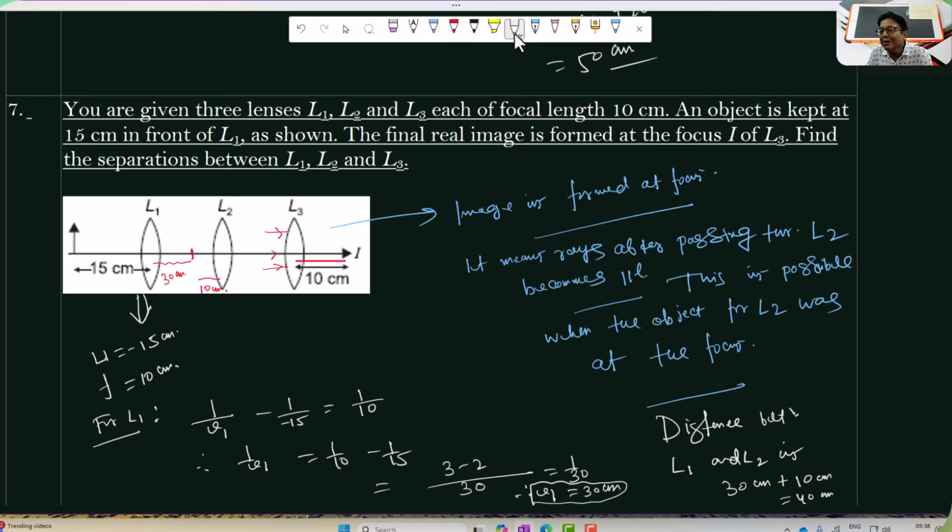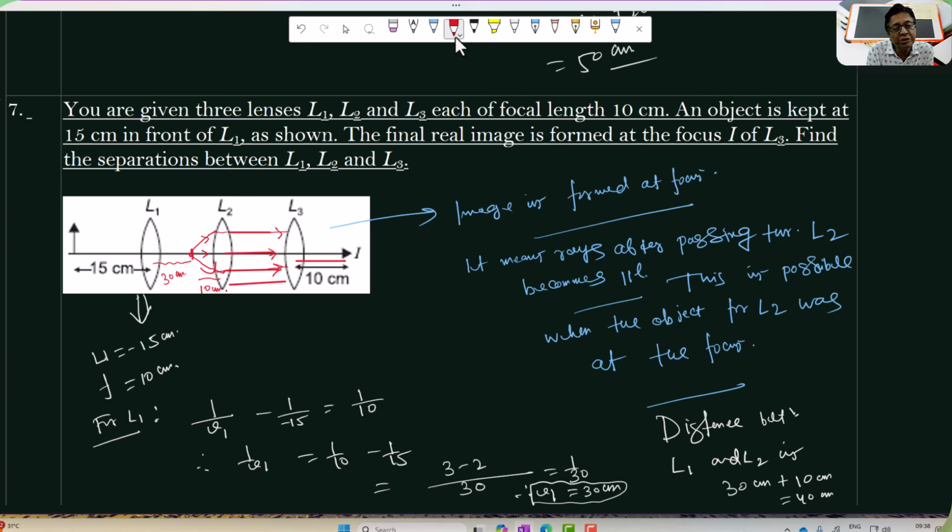The distance between L2 and L3 we can't see. Can't see means it may be any value, any real number. It is possible, because the rays are parallel, no? After passing through this, these rays are parallel. They will be incident in this manner on L3. So first you get the image here and then rays coming from here are incident in such a manner that they become parallel.